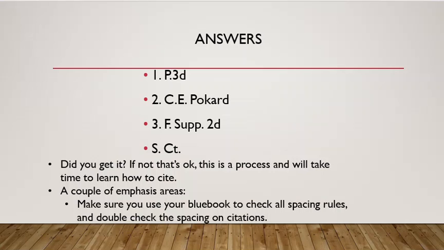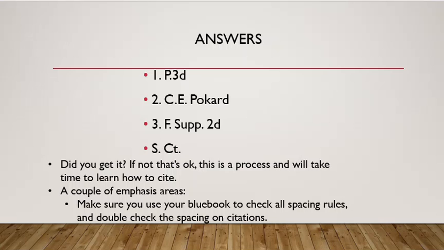We just want C.E., period in between each, no spaces there. Number 3, we need to add a space, in between Supp. and 2d. Now, for the 4th and final one, as we used in an example earlier, that's actually correct. So if you left that as is, you're fine.